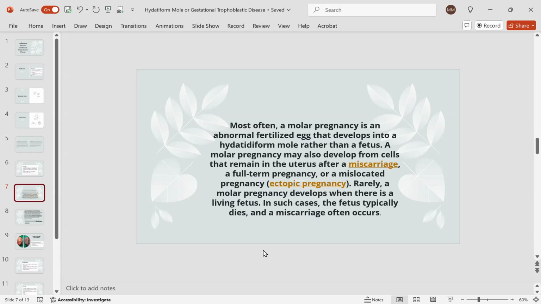Sometimes, if there's a miscarriage that's not complete or an ectopic pregnancy, it can become a molar pregnancy, right? So it's just the cells do not divide and grow the way they're supposed to. They are just all wrong. I've never seen a viable fetus come out of it. Usually, if there is a fetus in there, it's not viable and it's going to spontaneously die at some point, right? Because it's not going to be right.